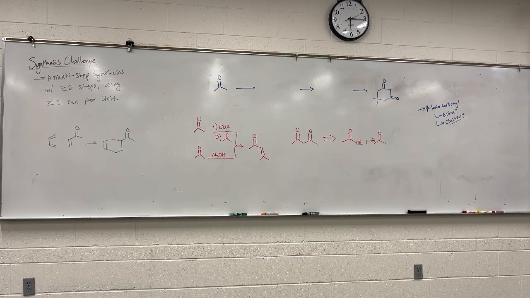Interesting. I don't know how well the Wittig reaction works with carbonyls on it, because Wittigs are reactive with carbonyls, so I would be worried about the two molecules just reacting with each other, right? So there's another way. I would suggest doing something to get this group on before doing this.